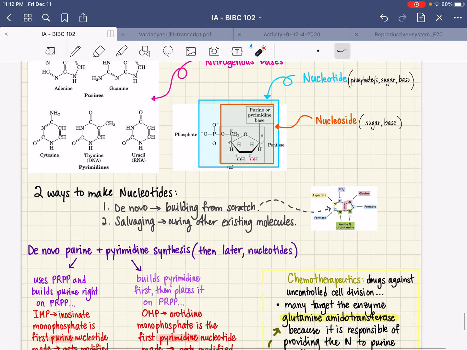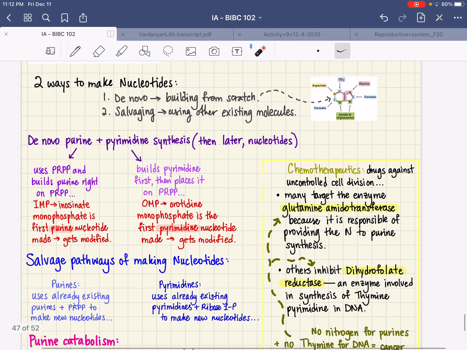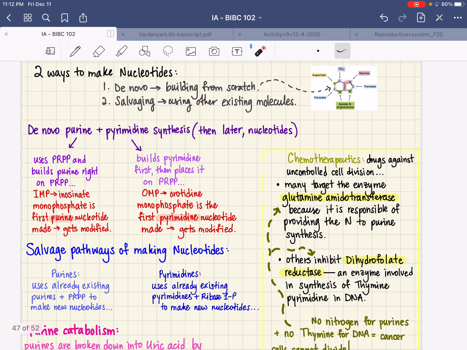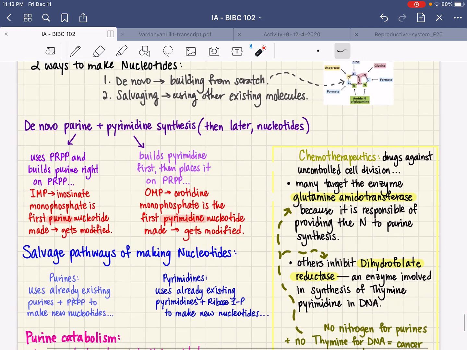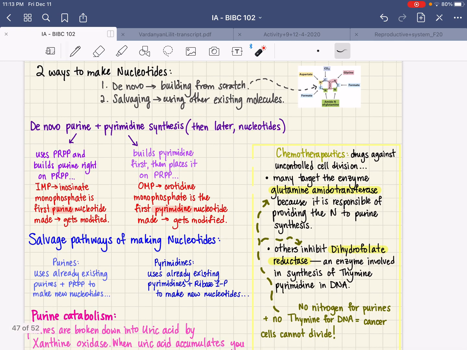Okay, so even though I haven't included any pathways here, because most of it you don't really need to know to much great detail, you should watch this video in parallel with looking at the slides and the pathways that Professor Hampton included, just so you can follow the structures as I'm speaking about them. But there are only a few enzymes and reactions that you really need to memorize for this chapter.